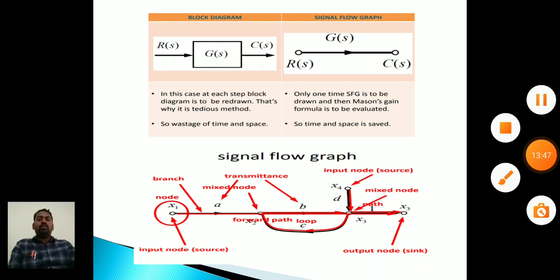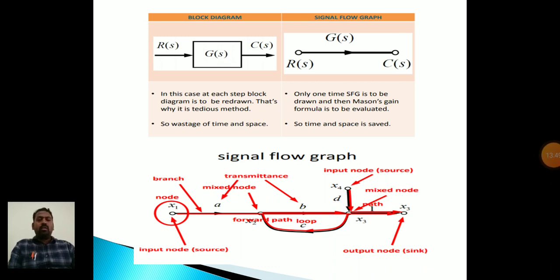One more thing you have studied here, the disadvantages of the block diagram. In case of the block diagram, in order to find the overall transfer function or control ratio, we have to reduce the block diagram step by step by applying the block diagram rules: combining blocks in series, combining blocks in parallel, shifting of summing point, shifting of takeoff point, ahead of the block and behind the block.